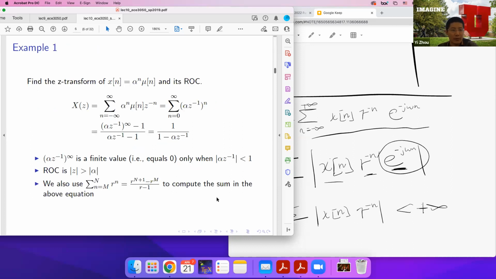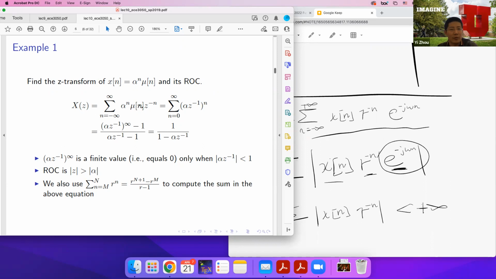So let's look at some examples of this Z transform and how to calculate this ROC. So again, let's look at this standard signal, alpha to the power of n, this exponential signal times u[n], the standard unit step signal. So this is a causal discrete time signal. Now, calculating the Z transform, we simply follow the definition.